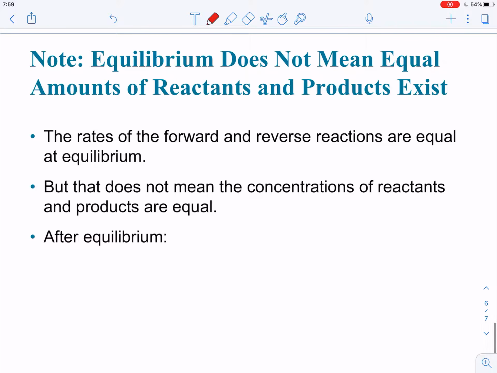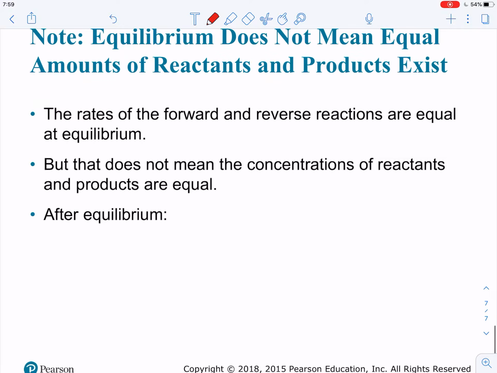Okay? So here, after equilibrium, you may have a case in which the concentration of reactants is much larger than the concentration of products.